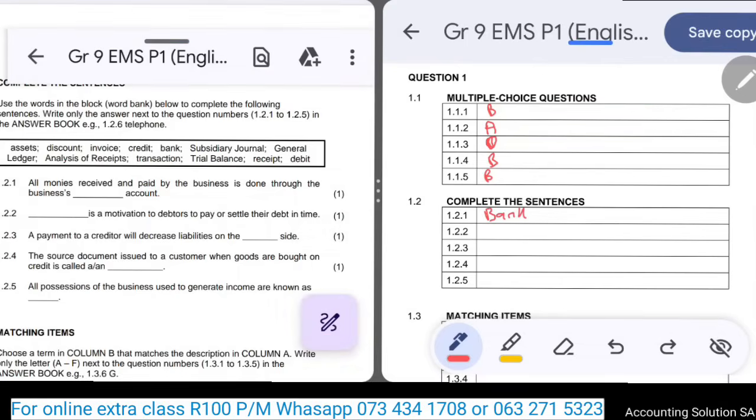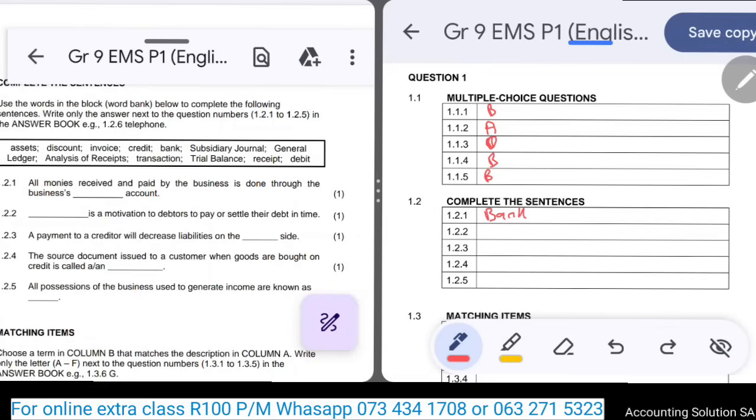Okay, you must first read all those words, guys, when you are answering this question. Assets, discount, invoice, credit, bank, subsidiary, general ledger, analysis of receipts, transaction, trial balance, receipts, and debit. You must do that first. Discount is the motivation to a debtor to pay in a settlement.